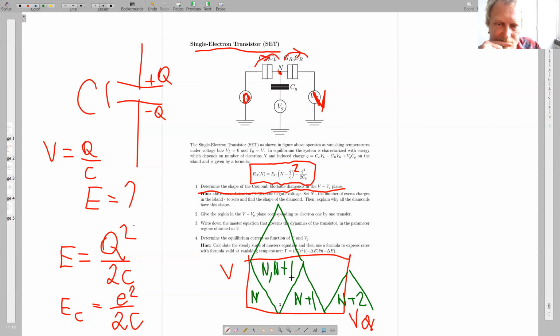Then, for this parameter regime, we are requested to write down master equation. Okay, it's already training on using and deriving master equations. Right, and then compute the rates, and finally write the formula for the current. Good. Let's go with this task.